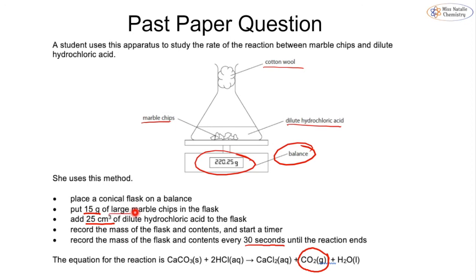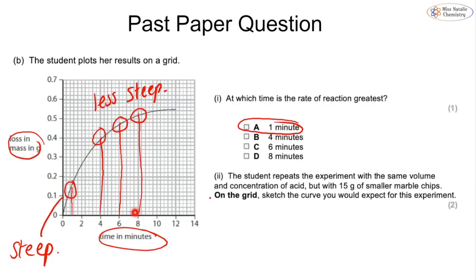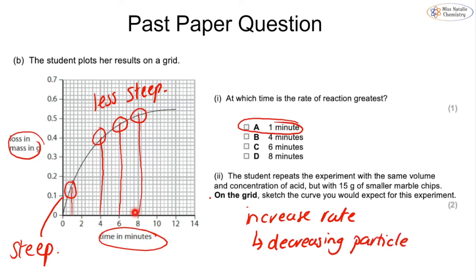So what we're doing is we are decreasing our particle size. We know that decreasing the particle size is going to increase the rate, because we're getting that larger surface area. So that should then give us a steeper curve.